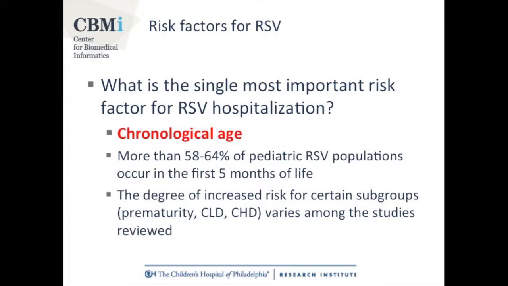So more than 58 to 64% of pediatric RSV infections occur in the first 5 months of life. And the degree of increased risk for certain subgroups, when we think about preterm infants, infants with chronic lung disease, and hemodynamically significant congenital heart disease, those degrees of increased risk vary among the various studies that they reviewed.